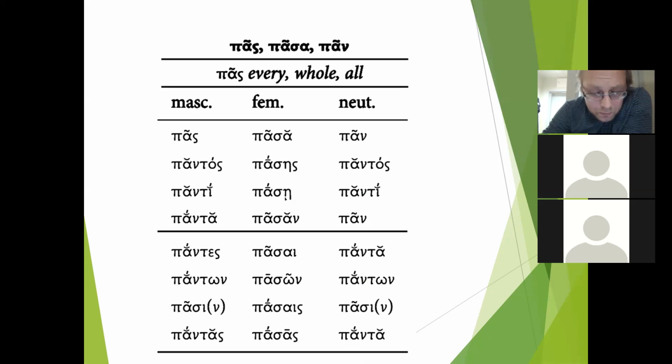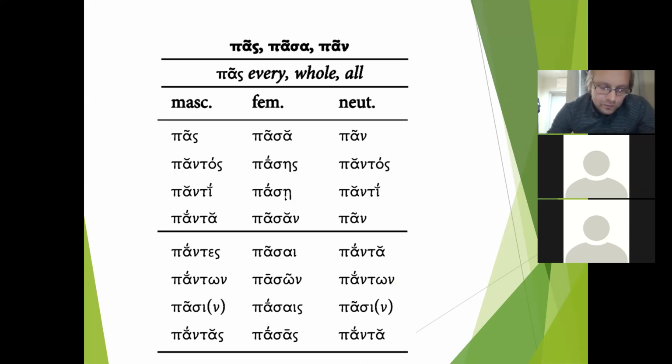This is an adjective of the three-ending type, which, as you may remember, means that it has separate forms in the masculine, the feminine, and the neuter. The masculine and the neuter forms follow the inflection of third declension nouns of the ny tau type, which we just looked at, while the feminine forms are inflected like the first declension feminine nouns with the short alpha ending that we had in lecture 3.